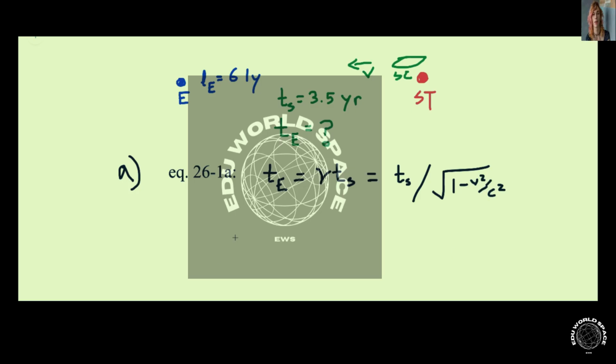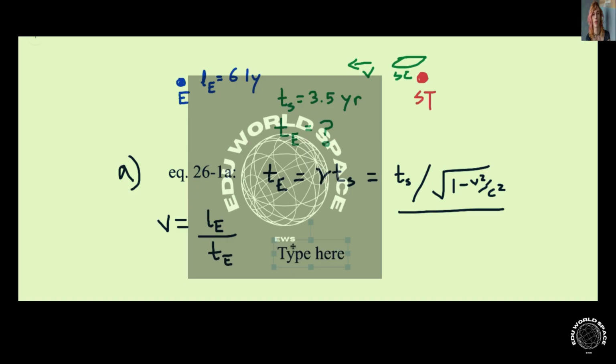Okay. So this is one equation that we use. The other equation we're going to use is this velocity, which is given by the distance measured from the Earth's reference frame over the time measured from the Earth's reference frame.